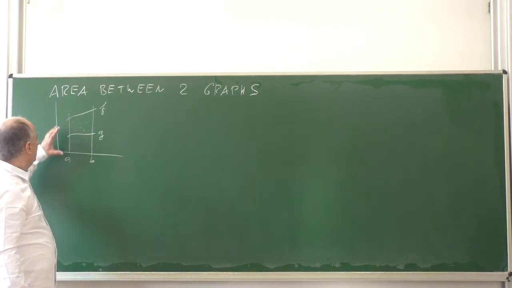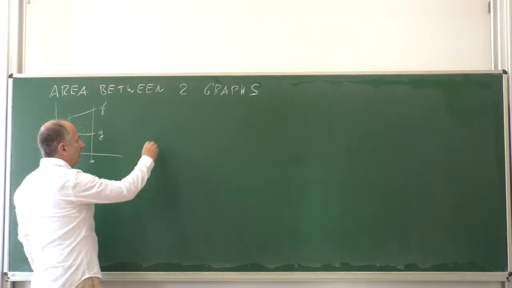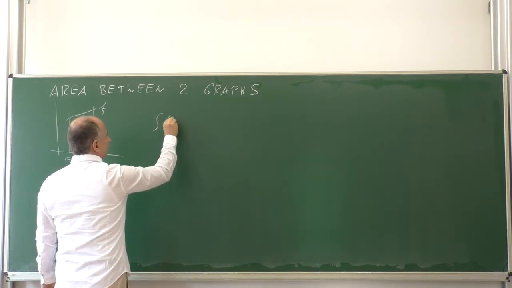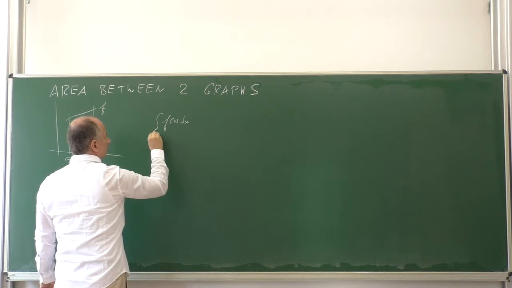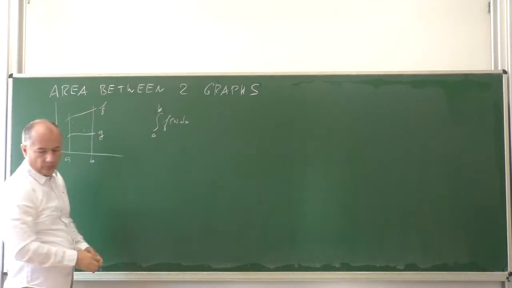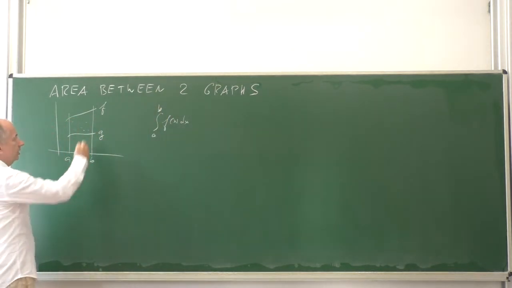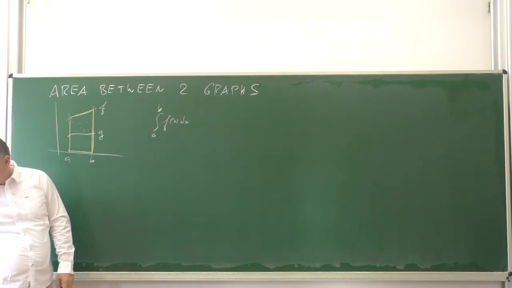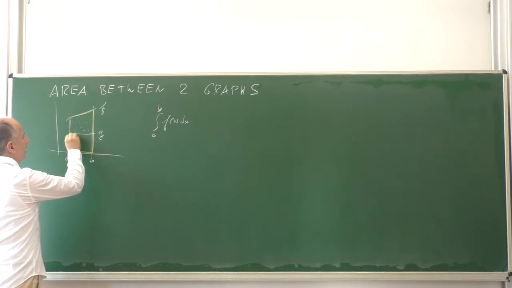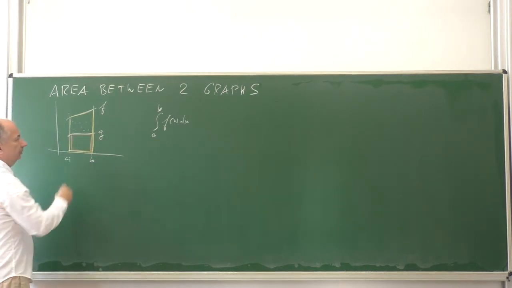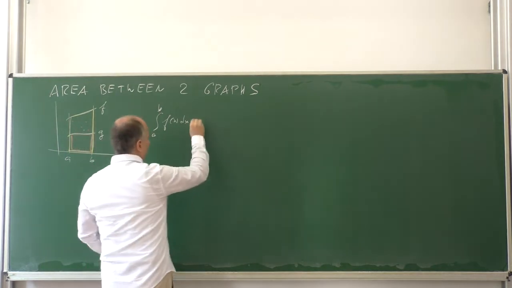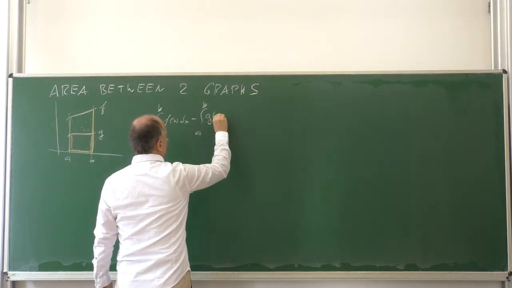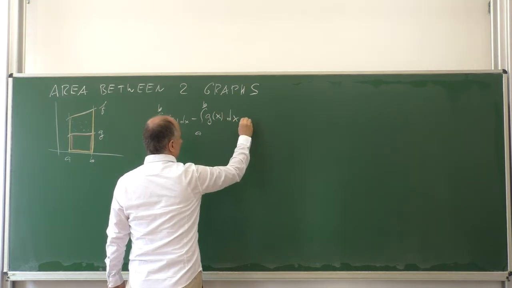One possibility is to consider the area below the graph of f. This is this large region, and we subtract what is below g, minus integral from a to b of g of x dx.